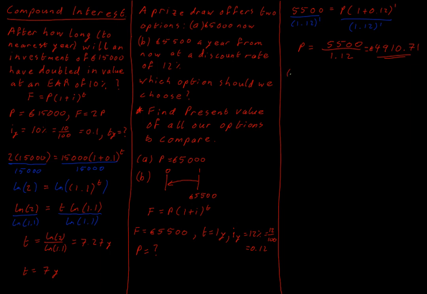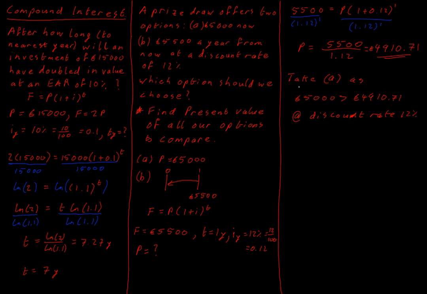So based on our calculations, we would take option A, as €5,000 is greater than €4,910.71 at a discount rate of 12%.